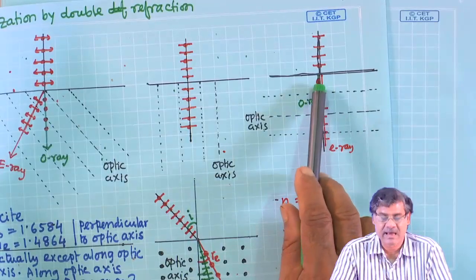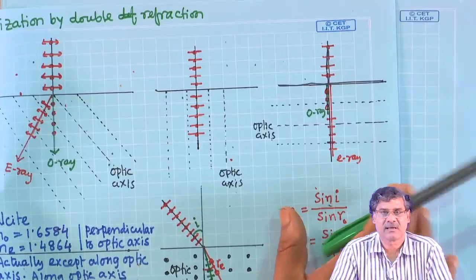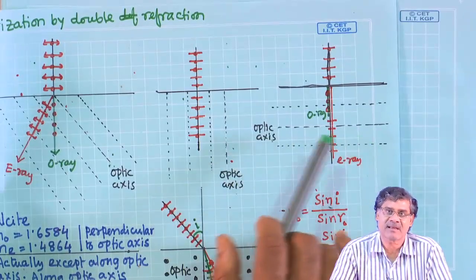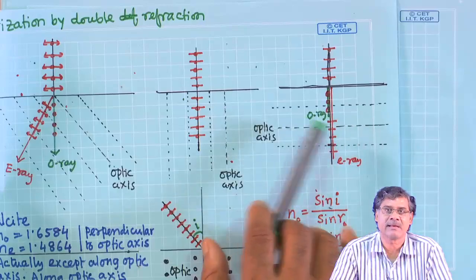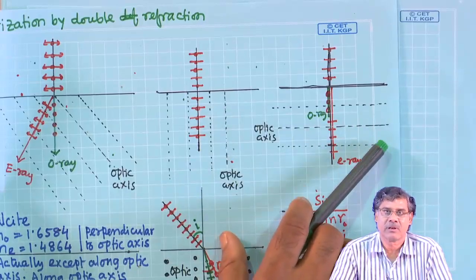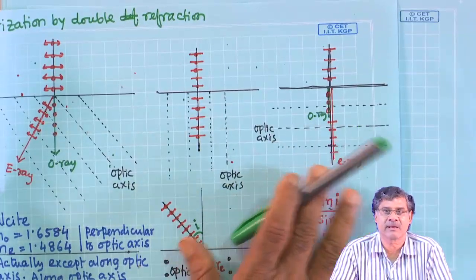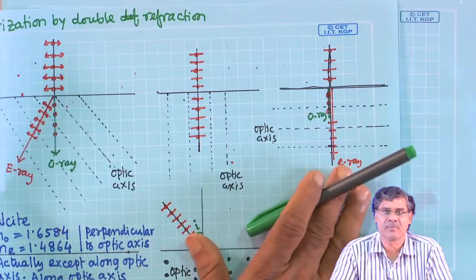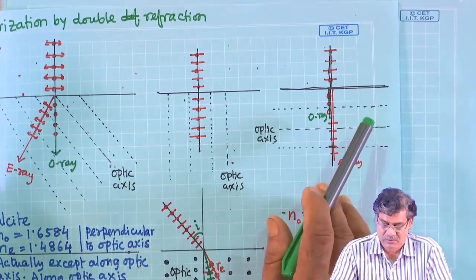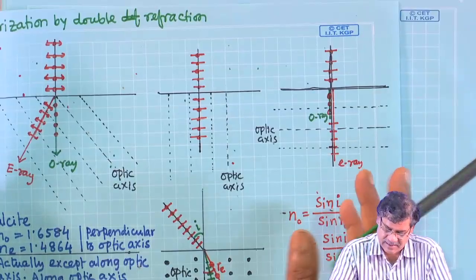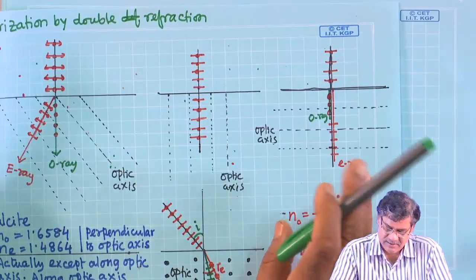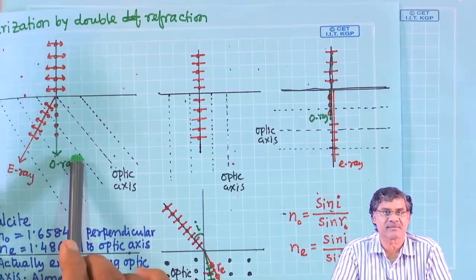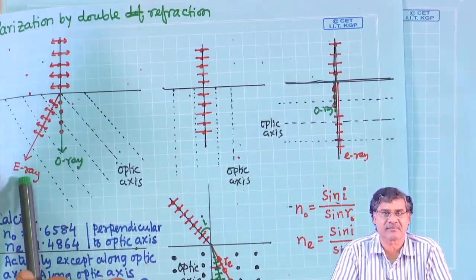So here also we will not see the separation of the O ray and E ray. We will probably not see two images. Or we can see, that will depend on the situation, but in this case here they are well separated, these two rays are separated. Okay.